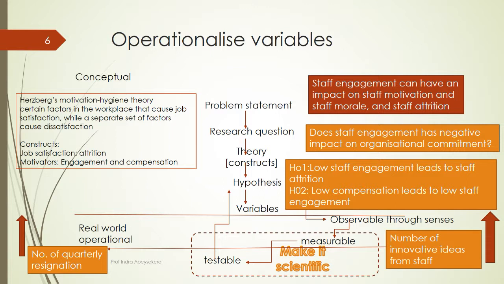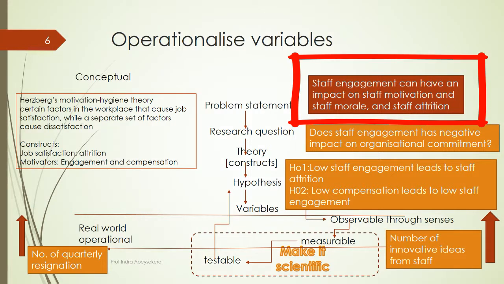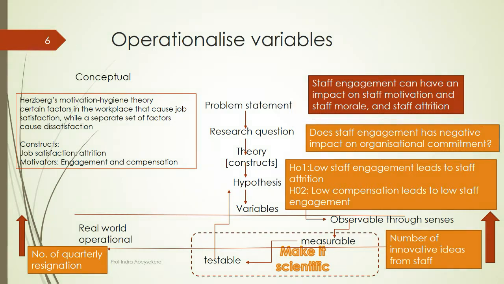Let's look at another example. In this example, the problem statement is that staff engagement can have an impact on staff motivation, staff morale and staff attrition. So based on that problem statement, let's develop a research question.